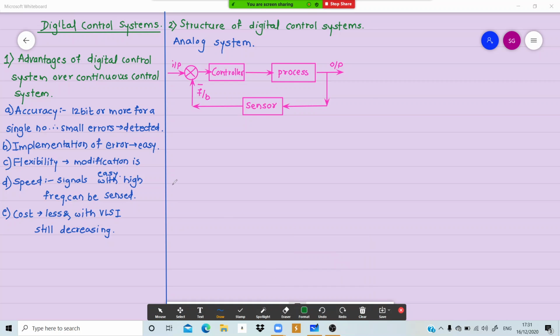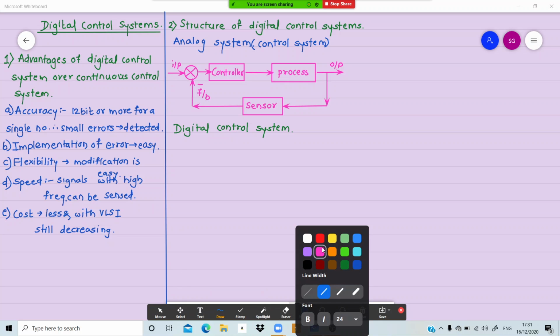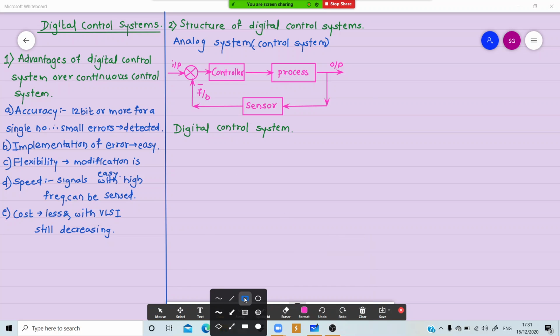Now if you are talking about digital system, of course I forgot to write over here is control system only. So what it is, yes, see, your process cannot be digitized, right?